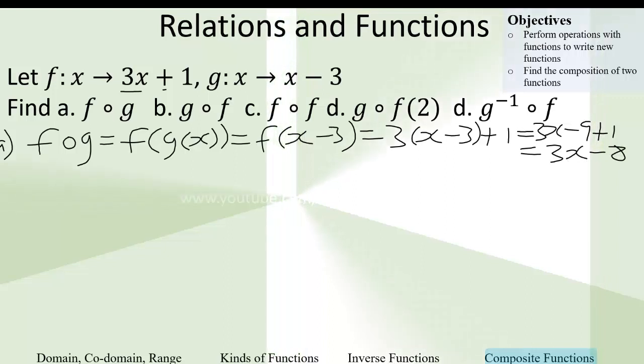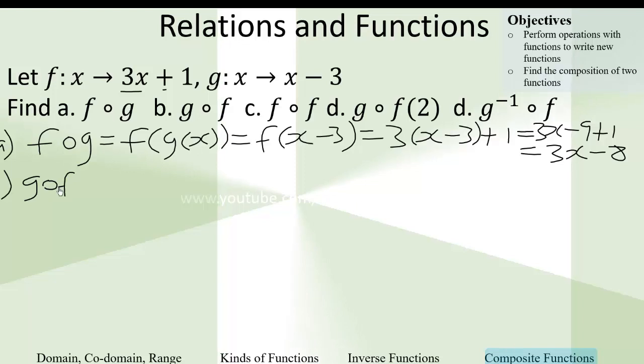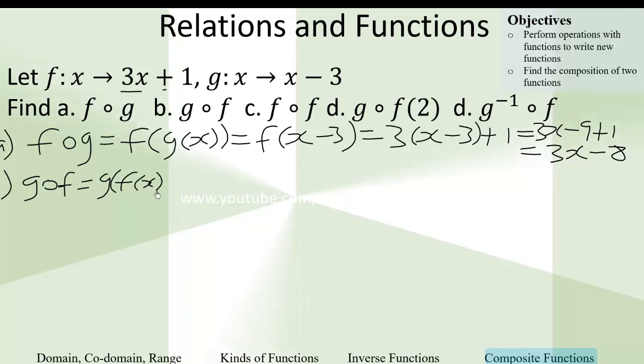Now let's come to the b part. We have g circle f. G circle f will be equal to g of f of x. So f of x will become an input for g of x.